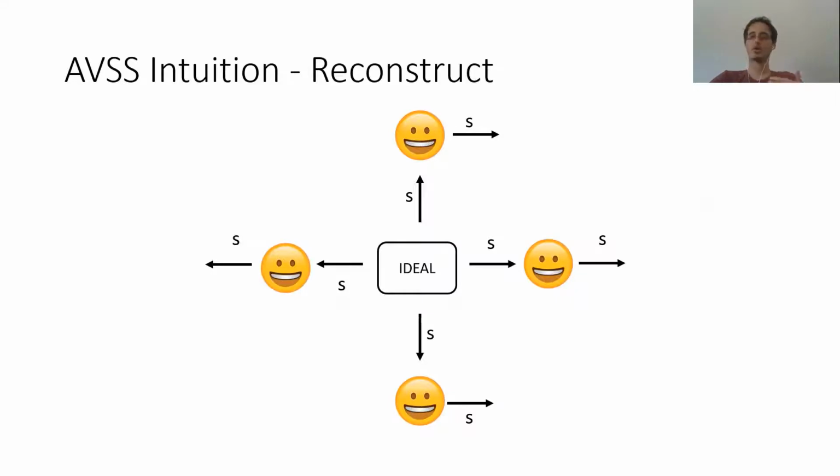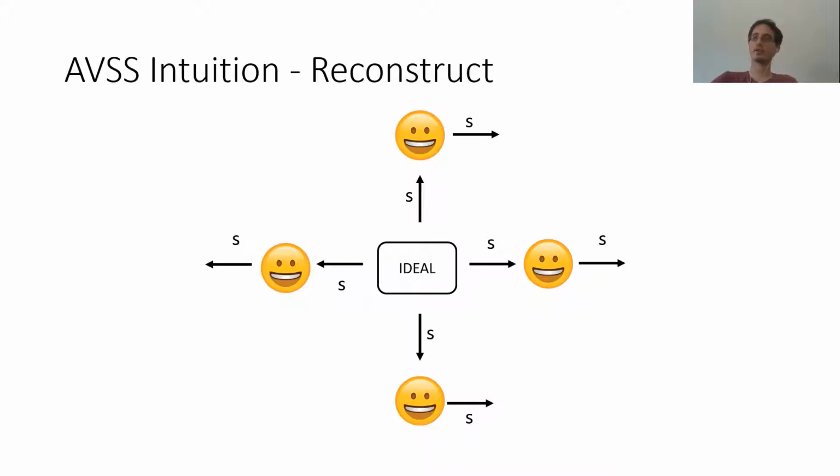So throughout the share phase, that value remains secret, hence the name. Then in the second phase, in the reconstruct phase, the ideal functionality will send that value to everybody and everybody will output that value.